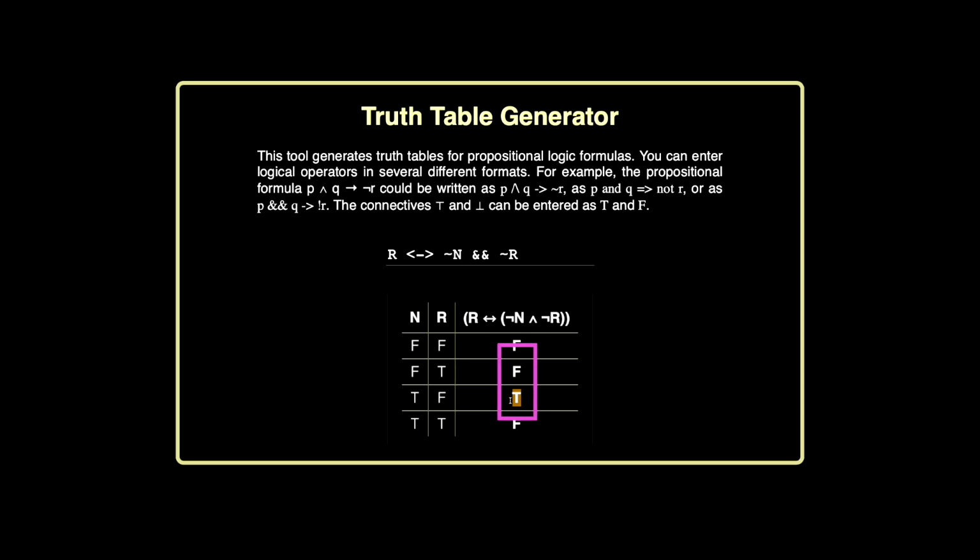Okay, we know that that sentence is true, so this is the line that we're interested in. So it tells us that N, Nancy is a knight, is true, so Nancy is a knight, but R, Robert is a knight, is false. In other words, he's a knave. So our solution to that puzzle is Nancy is a knight, but Robert is a knave.